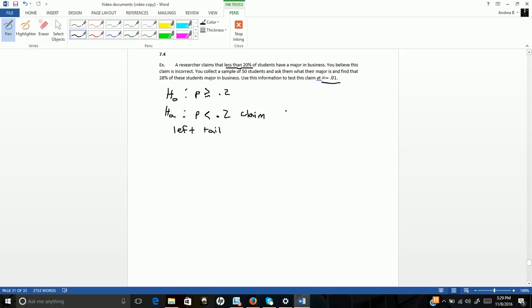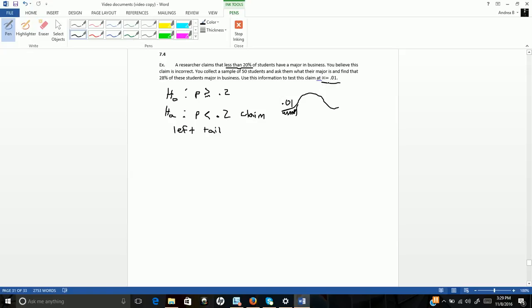So whenever we're going through and sketching our rejection region here, since our alpha level is 0.01 and we have a left tail test, that means the area in this particular region needs to be 0.01. To look that up for the corresponding z-score value there, once again, we want to go through and look for the value in the area. So in the center part, that is closest to 0.01.